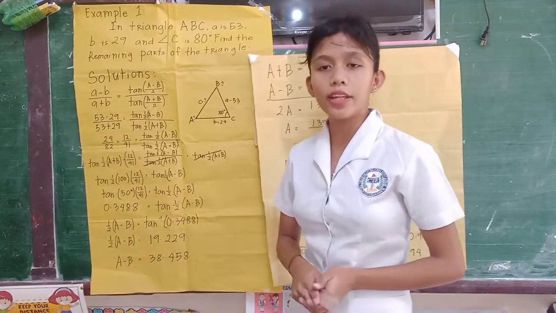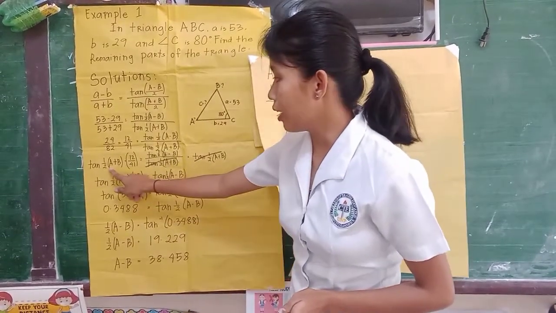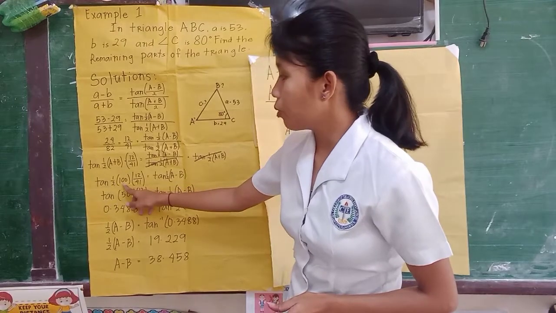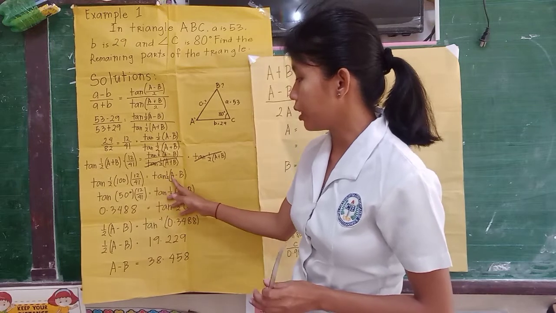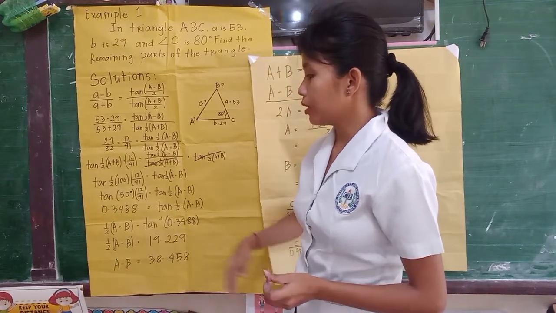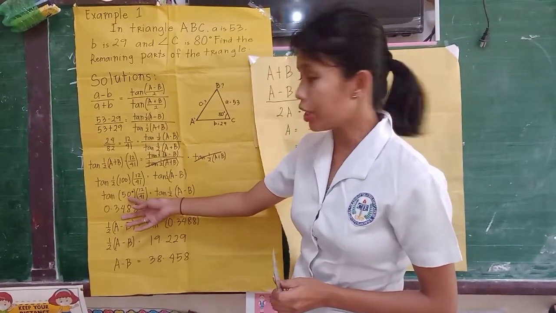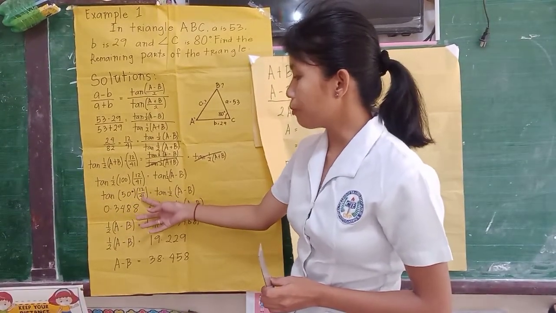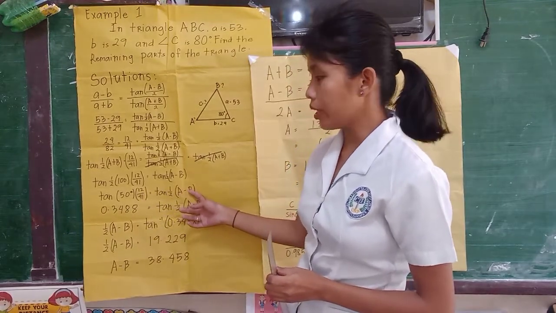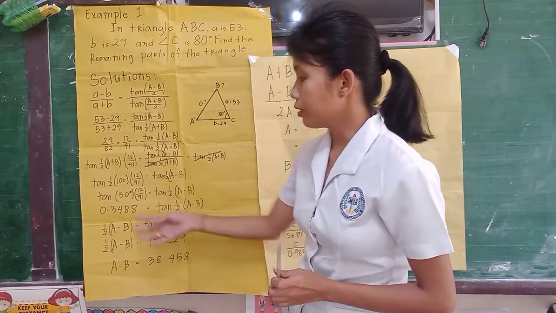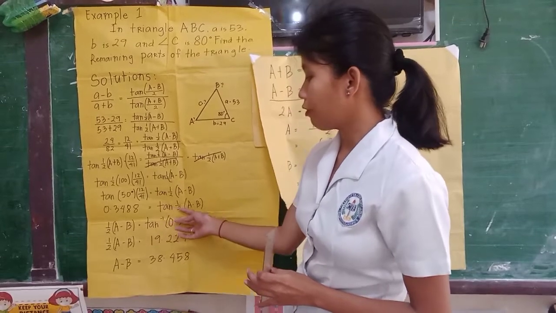We will use a scientific calculator to do the calculation. It will be tan(½ × 100) × 12/41 = tan(½(A − B)). If we simplify it, it will be tan(50°) × 12/41 = tan(½(A − B)). Then 0.3488 = tan(½(A − B)).